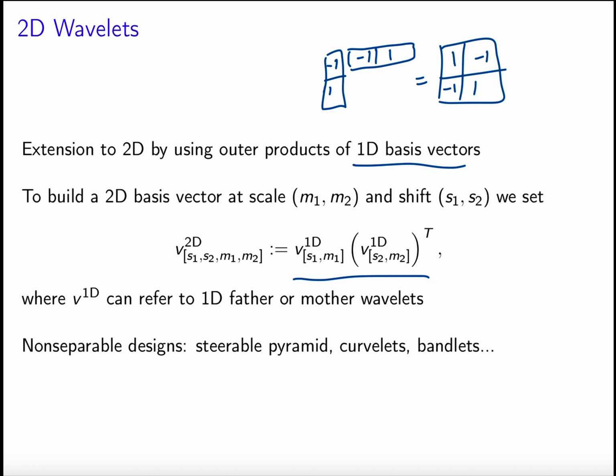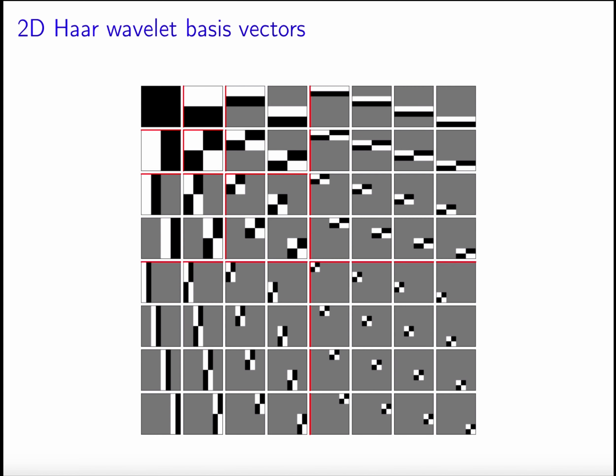By doing products between different mother wavelets and father wavelets, you end up with 2D wavelets that look like this. This one, for example, is clearly the outer product of father wavelets, which are just constant.